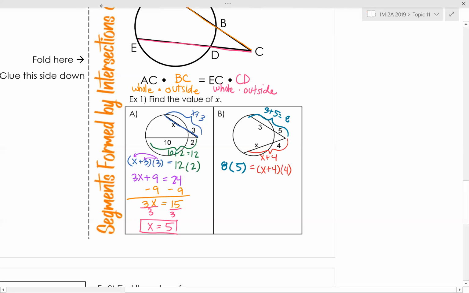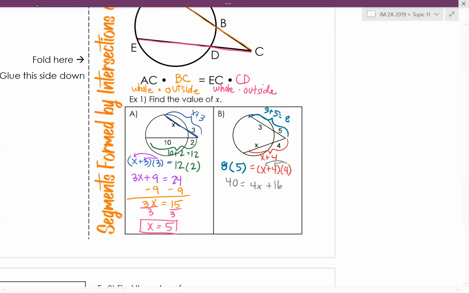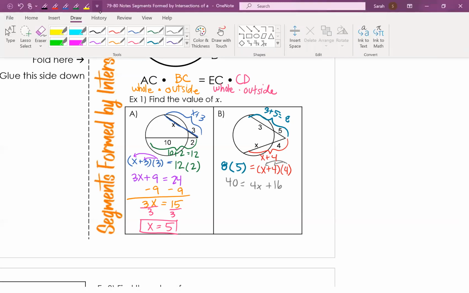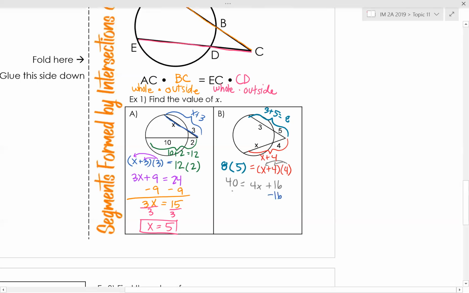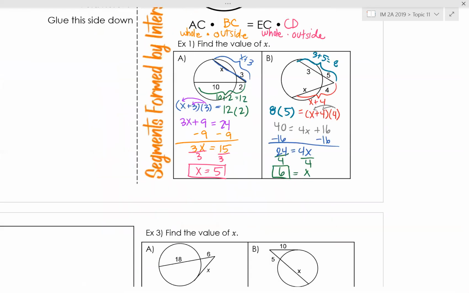So 8 times 5 gives us 40 is equal to 4x + 16. Then to get x by itself, we're going to subtract 16 from both sides. So that means that 24 is equal to 4x. And dividing by 4 will give us our answer, that x is 6. So whole times the outside is our product for the secant segment.